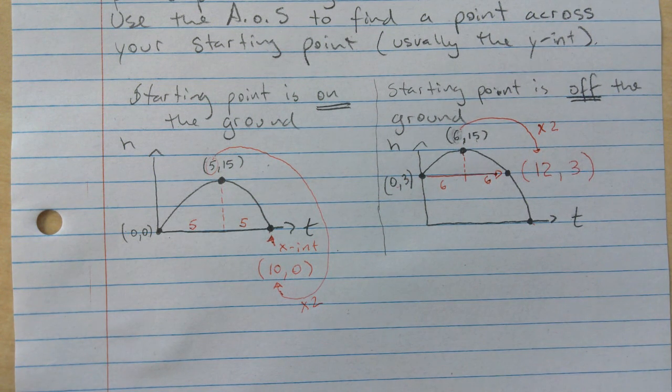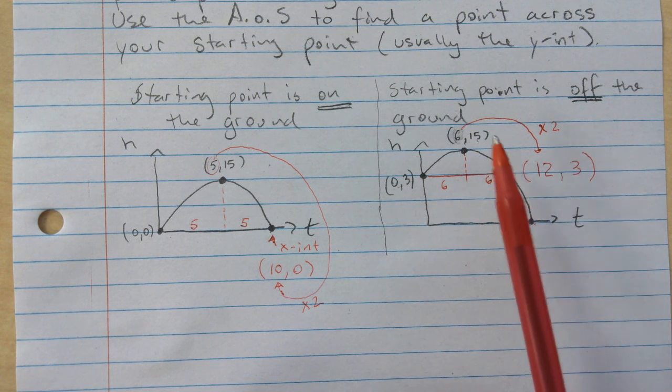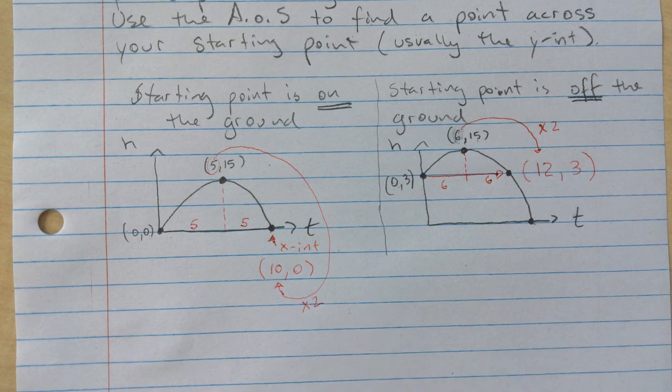Remember x1 plus x2 divided by 2? It's the exact same thing. x1 is 0, x2 is unknown, x is 6. If you did the math, you would come up with 12 as well. But you don't need to. This is all I need, a sketch like that on a type 3 scenario.